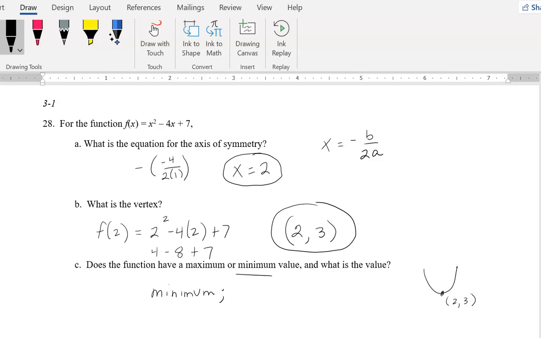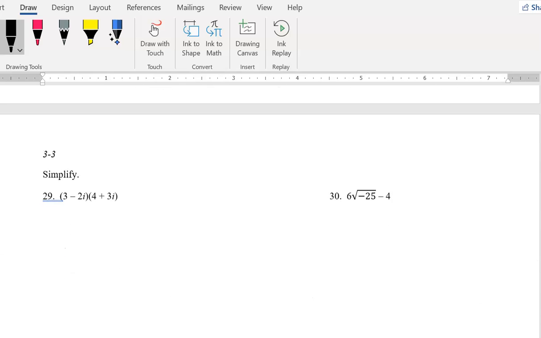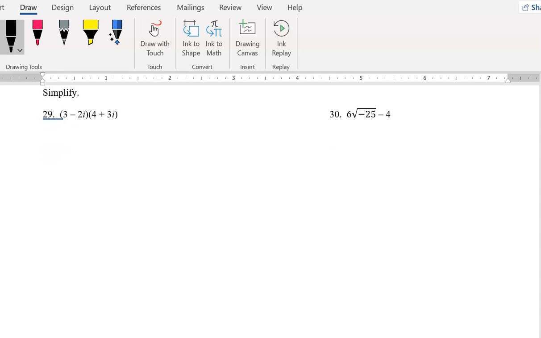And the value is always whatever the y-coordinate of the vertex is. So in this case, it's going to be 3. Okay, that takes care of number 28 and the last two.